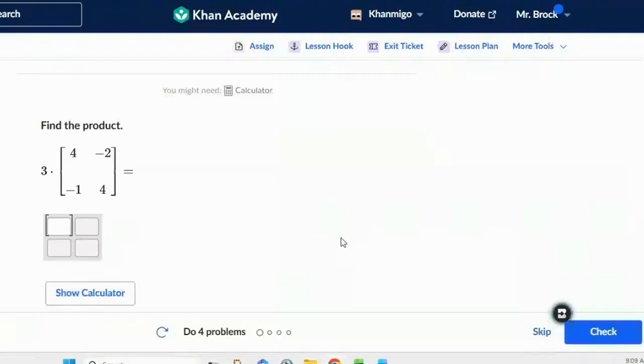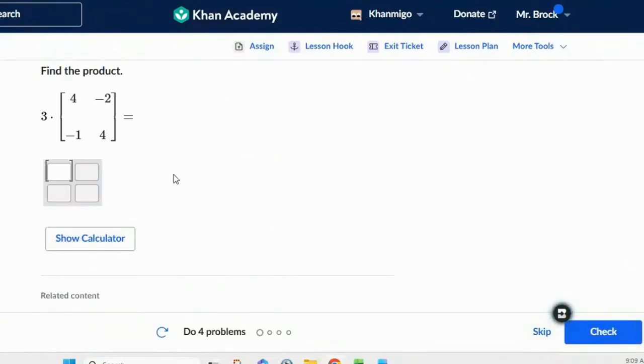Here's our first question. Find the product. Scalar multiplication. Oh, this is great because for this one, we just have a 3. It's like, yay, just a 3. That makes that one nice and simple. 3 times, let's see, I'll go ahead and put these numbers in. 3, 3 times -2, 3 times -1, 3 times 4.